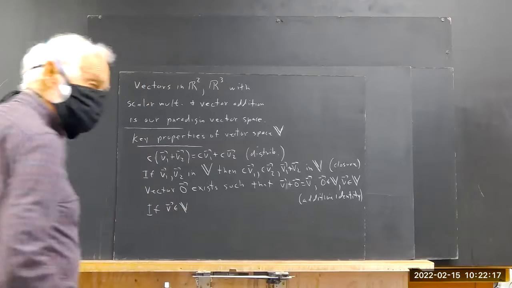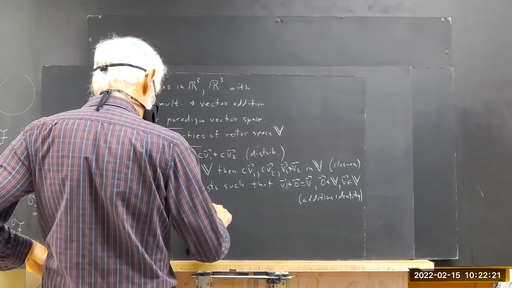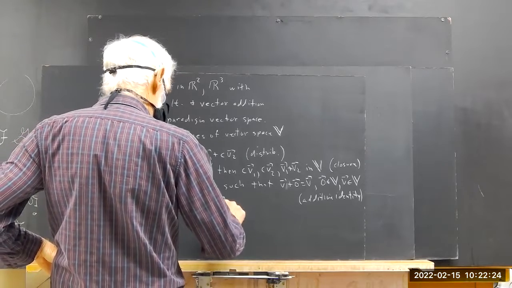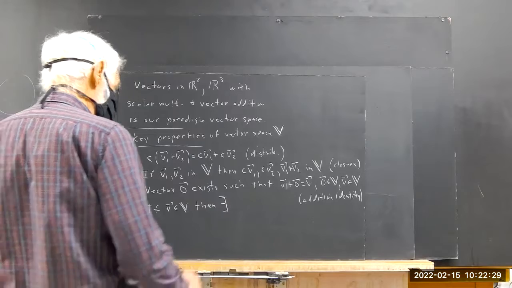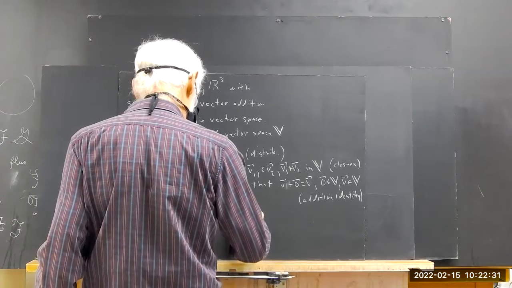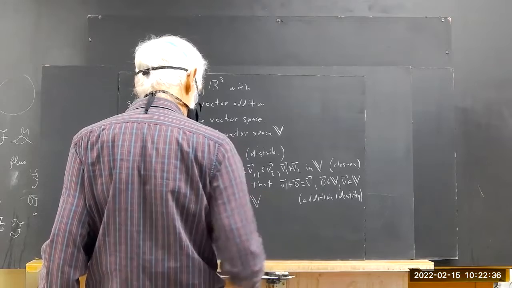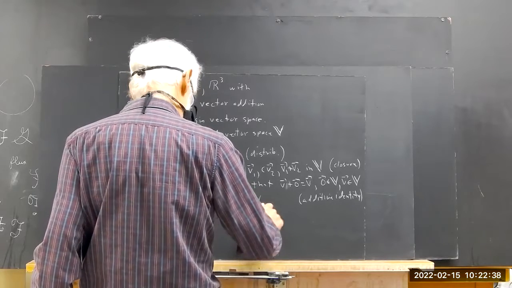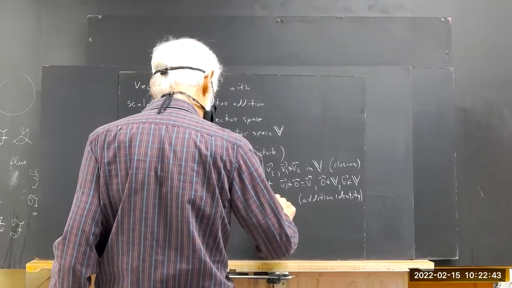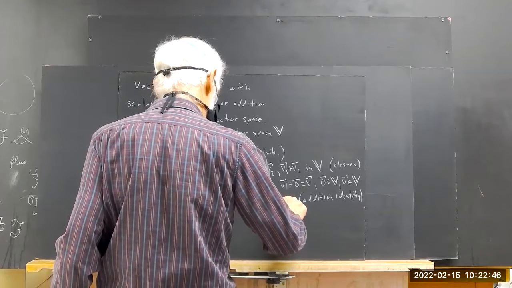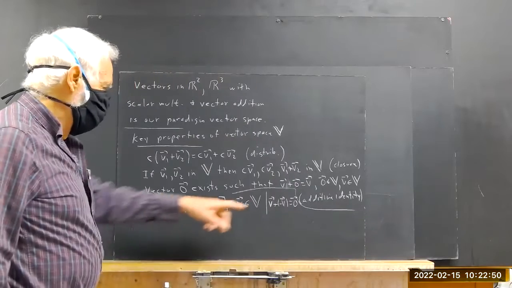Okay. If V is a member, a vector in your vector space, and I'll introduce you to a little notation, the backward capital E means there exists a vector negative V in your vector space, such that V plus negative V equals 0.